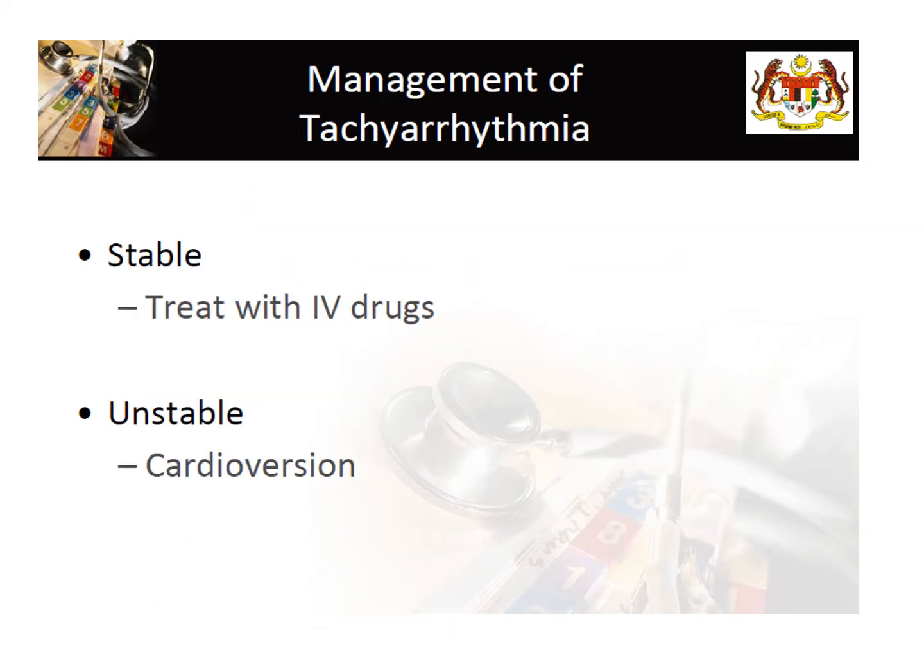If all the questions are negative, it means it is stable, we treat with drugs. If there is any evidence such as hypotension, we are going to cardiovert the patient.